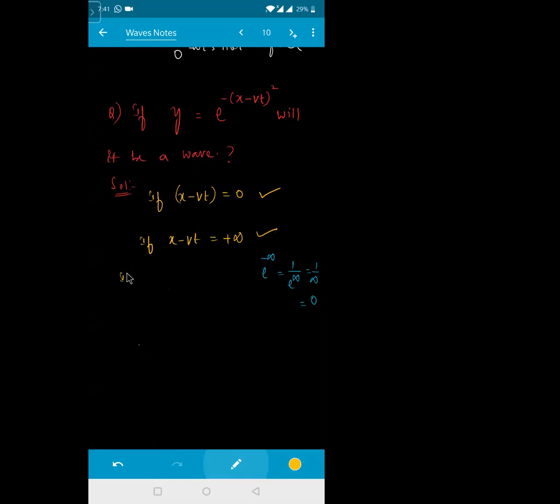The same way, if x minus vt is equal to minus infinity, will it be defined or not? See here, x minus vt is minus infinity.